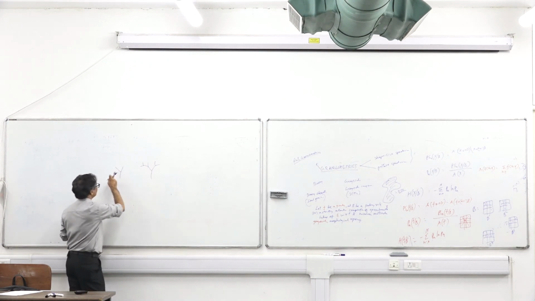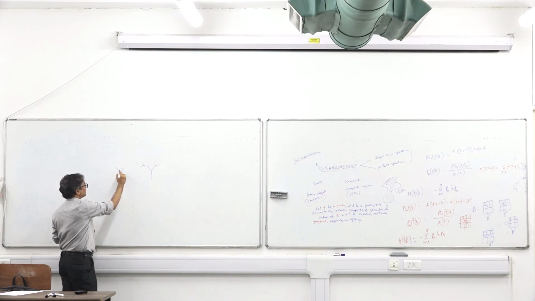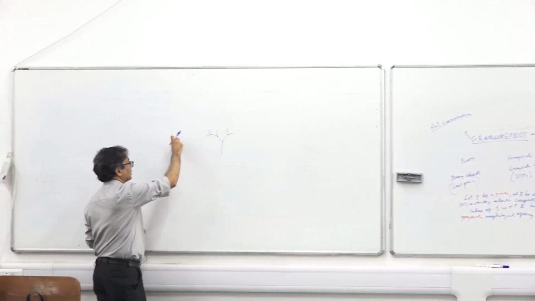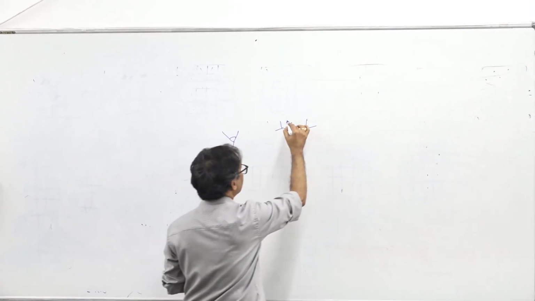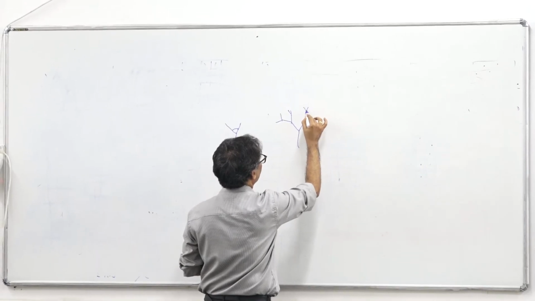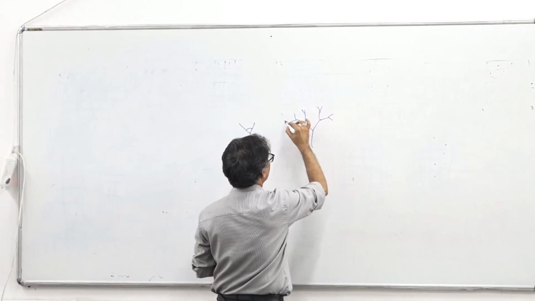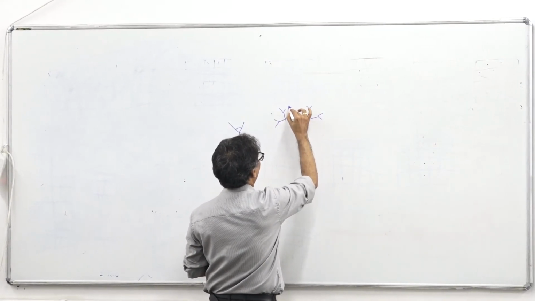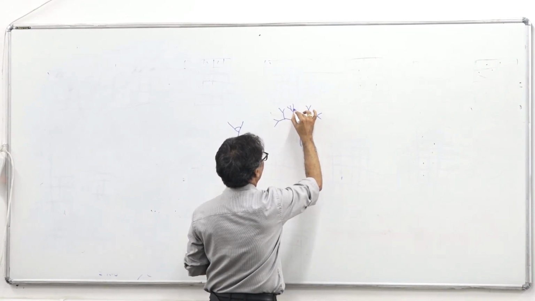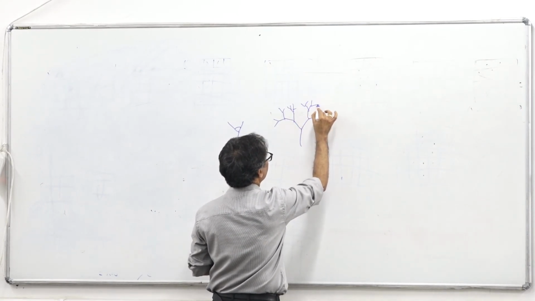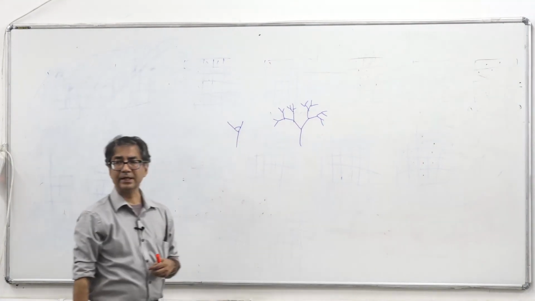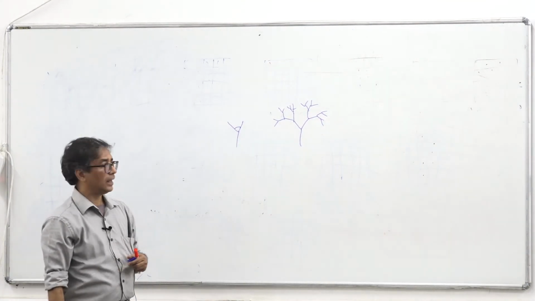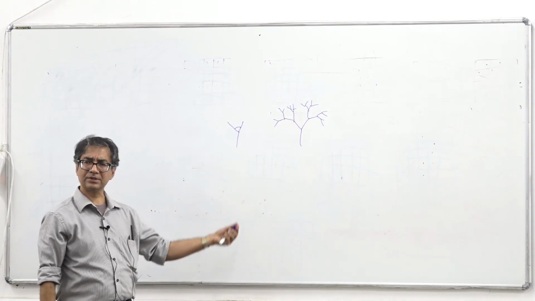The rule goes with the diverging angle and the ratio of this segment to this segment, and then my tree keeps growing. But this is a kind of scale-free network. You don't see this in reality.